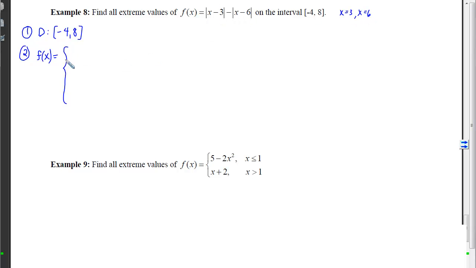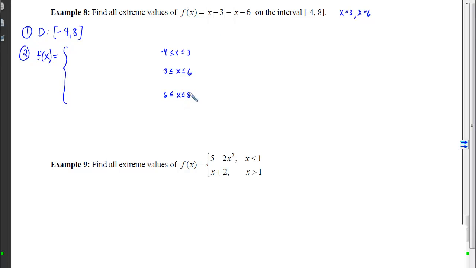So that means f is going to be broken down between the values when x is between -4 and 3, between 3 and 6, and then again from 6 to 8.